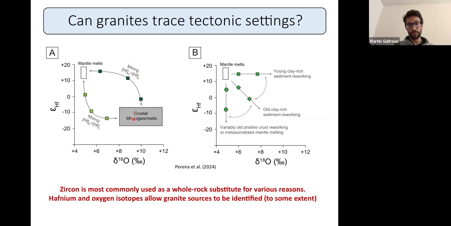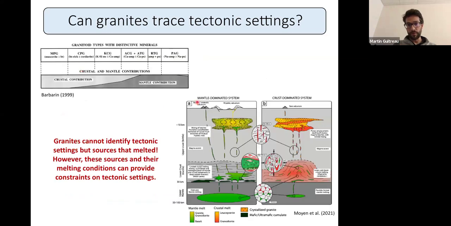Also oxygen will be elevated, hafnium will be low, and oxygen will be mantle-like, around plus 5.3 per mil, something like that. And hafnium can vary a little bit depending on the source. But so this can be used as a proxy for mantle versus crust dominated system.